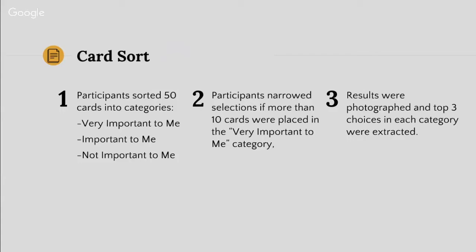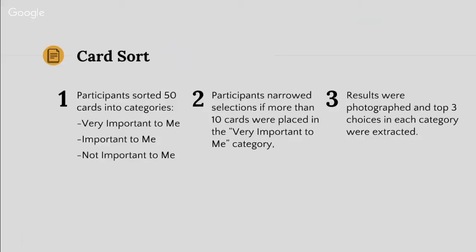So participants sorted 50 cards into categories, and the words on the cards that aligned with the intended system were family, autonomy, communication, friendship, and commitment. But of course, there were other words thrown in there. They were to sort these words into categories: very important to me, or not important.